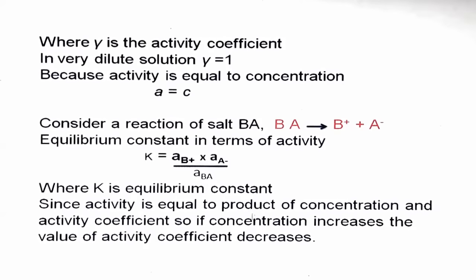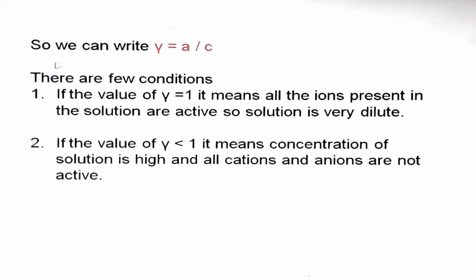Since activity is equal to the product of concentration and activity coefficient, if concentration increases, the value of the activity coefficient decreases. Here you can see, we can write gamma is equal to A upon C. So as the concentration increases, the value of the activity coefficient decreases. There are two conditions.